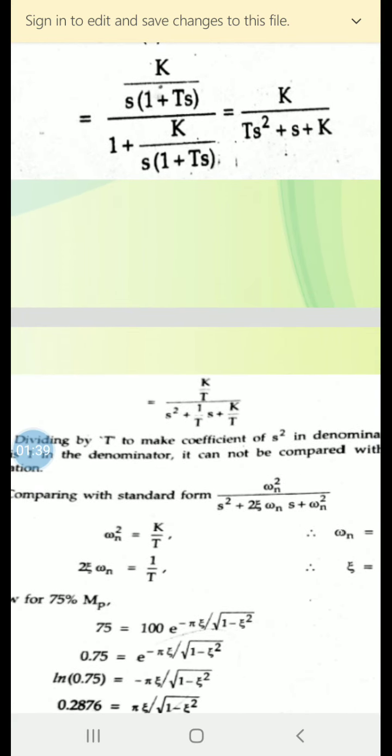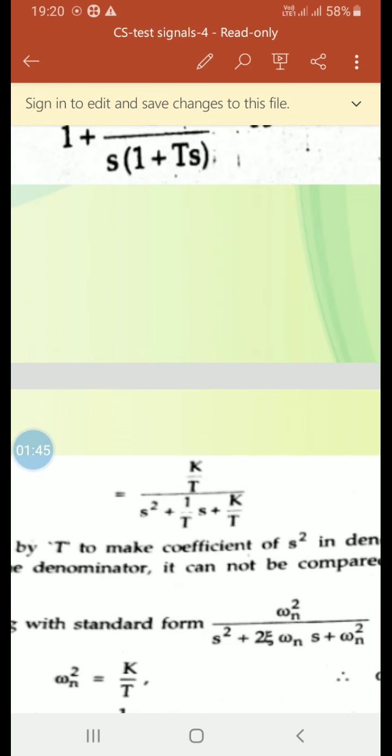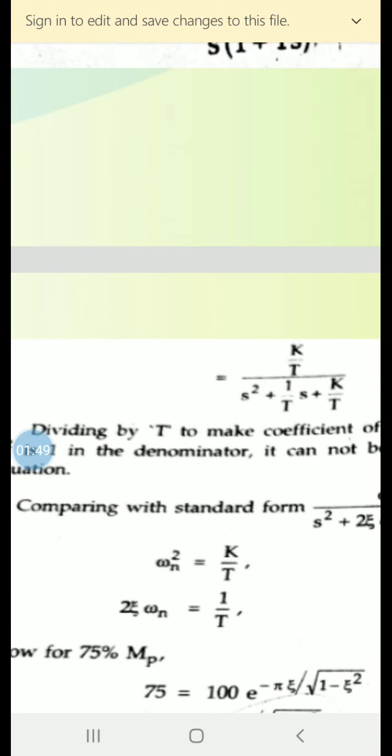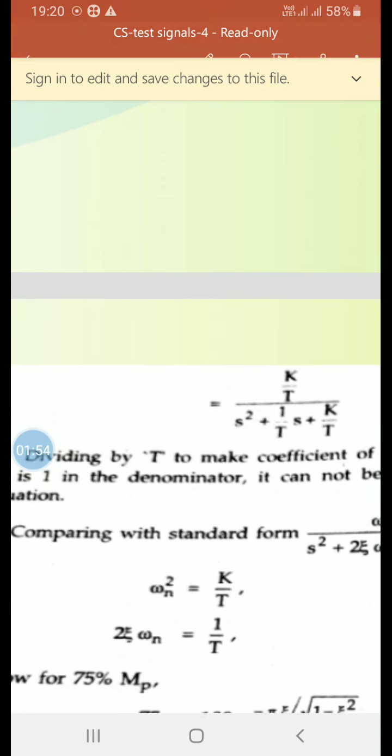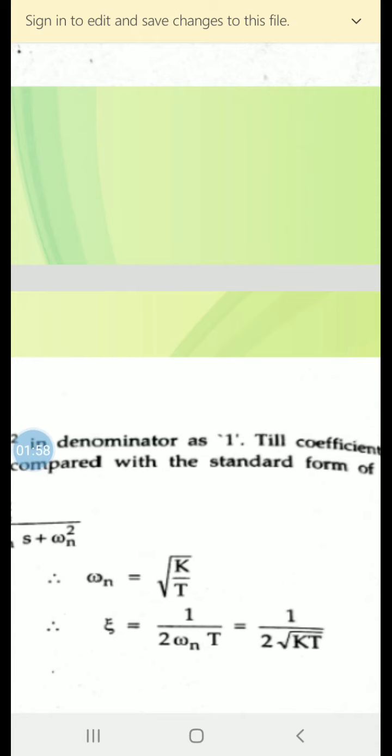Now we divide by T to make the coefficient of s square in the denominator 1.